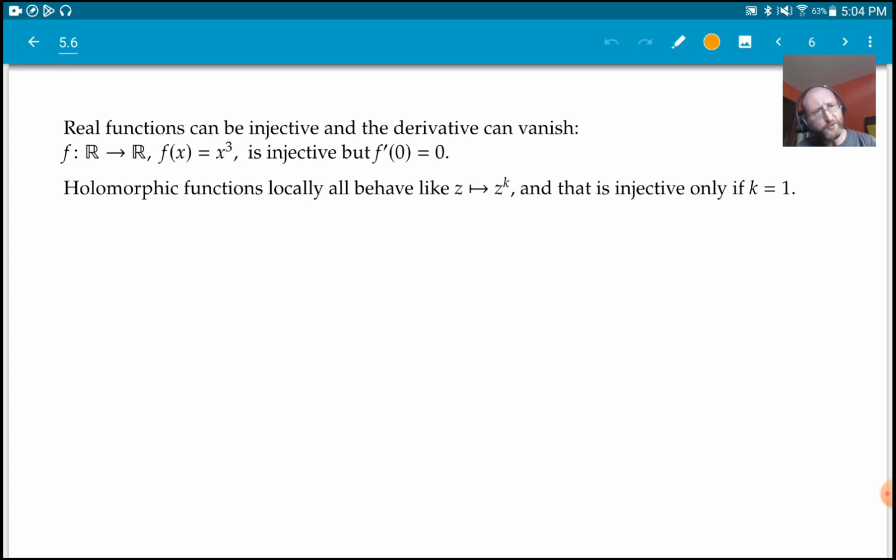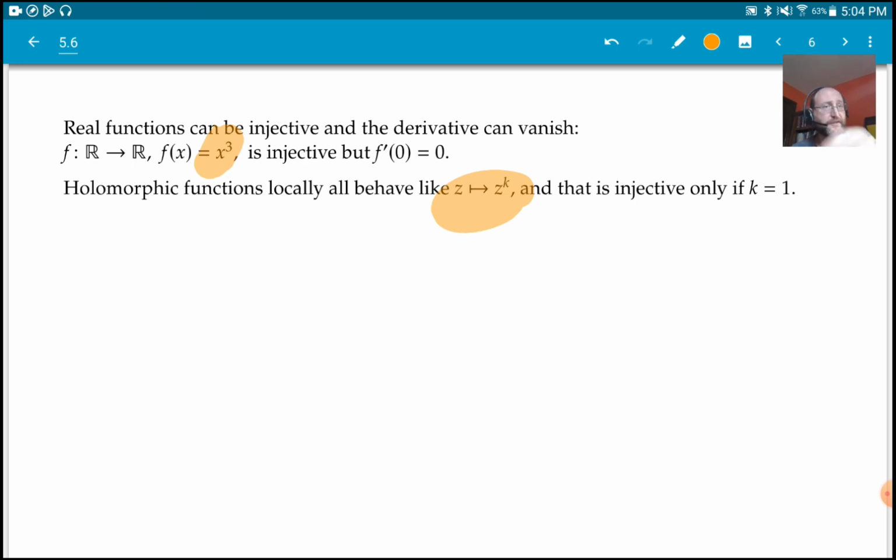But in the holomorphic case, all holomorphic functions are locally sort of like z to the k. Here we're talking about complex z's, and near the origin, z to the k is injective only when k is 1. If you look at z cubed, there are always three different small numbers that go to any particular other small number.